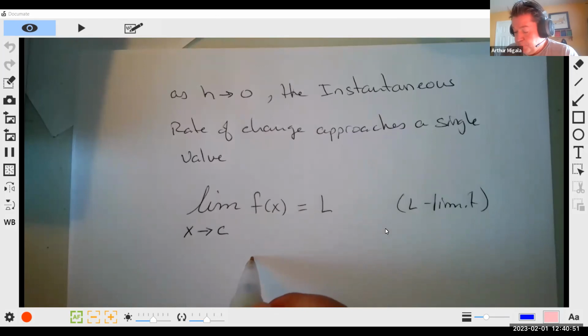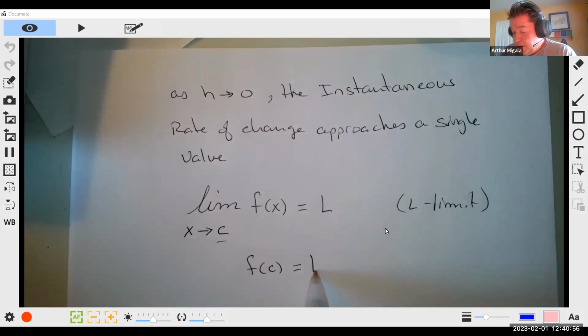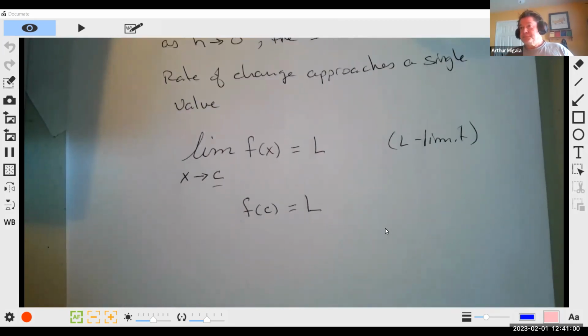So when you actually get to that value, f of c is equal to that limit value. So that's what we have to get to in section 3.